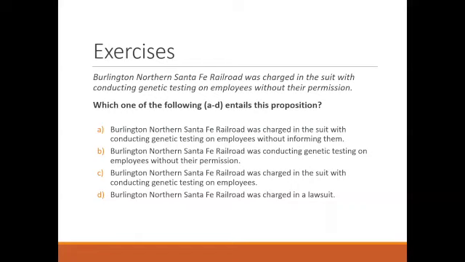So we'll have to test whether that's the case in each of these sentences. A says Burlington Northern Santa Fe Railroad was charged in the suit with conducting genetic testing on employees without informing them.